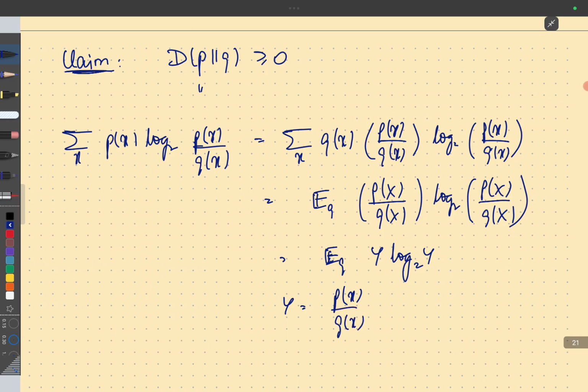I'm being a bit loose over here, you have to think about this carefully, because there could be multiple x that map to the same p(x) by q(x). In that case, you combine them together and you get the sum of the two probabilities. All right.